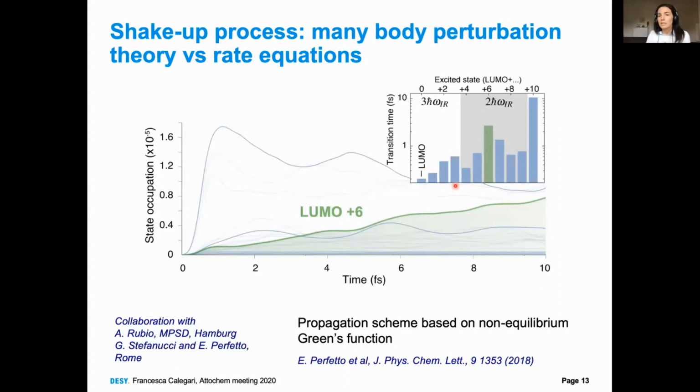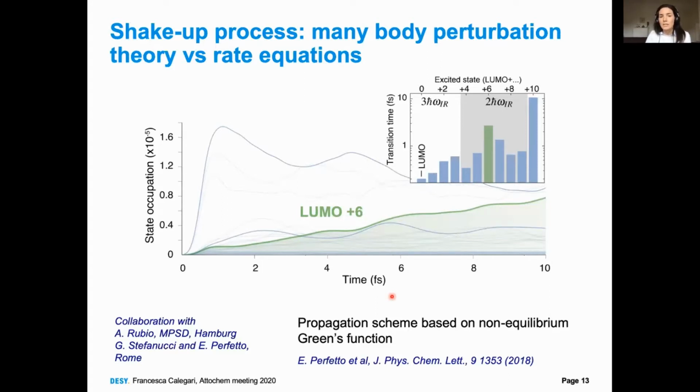As you can see, there is a green state highlighted here, the LUMO+6, which has a transition time of about 2 femtoseconds, compatible with what we observe in the experiment. This has been further validated by more complex calculations based on a non-equilibrium Green's function.